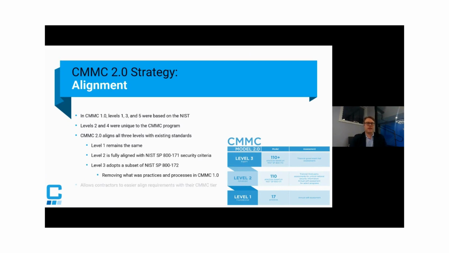The key part for it really is the alignment. So knowing that level 1, 3, and 5, the alignment of what the heck you're actually trying to comply to. CMMC was its own little substandard of information. Levels 2 and 4 were completely unique to CMMC, so that's why they got rid of them. And really what level 1, 2, and 3 are staying the same, but they're based on core information.